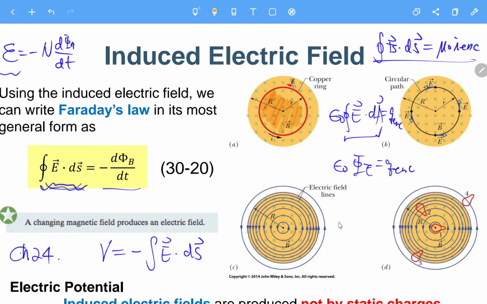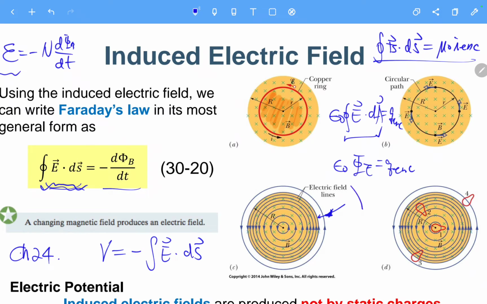But here, the outer one is the so-called Amperian loop. When we consider the magnetic flux changing, it counts only the yellow area.